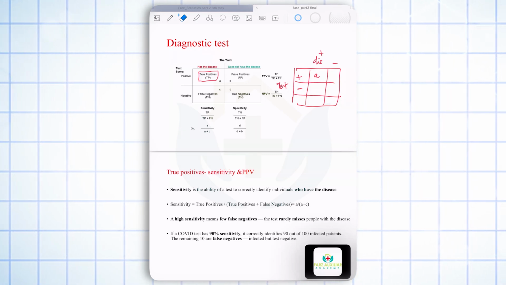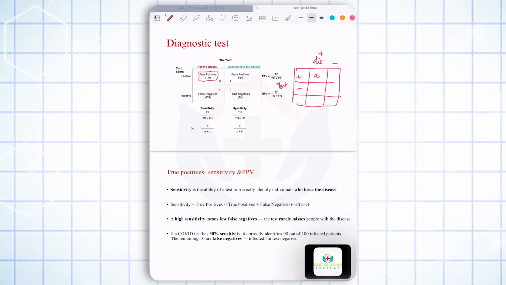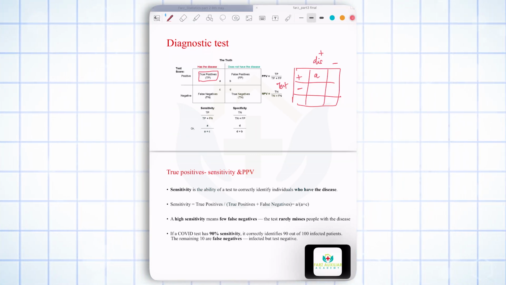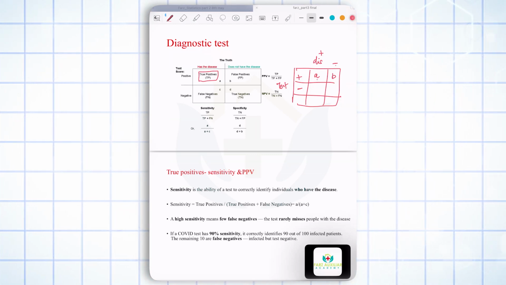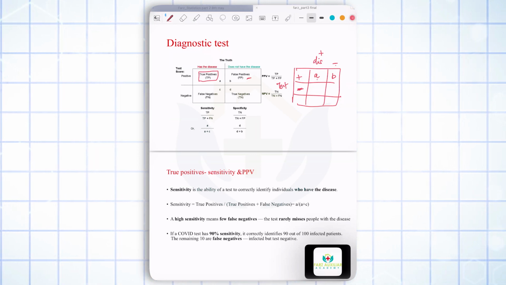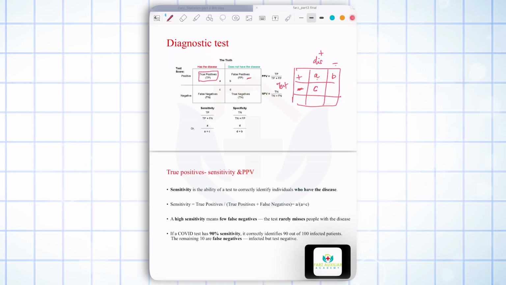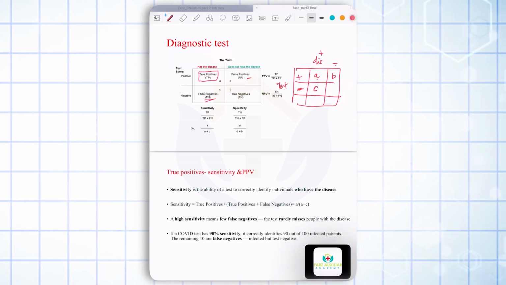So we'll just see how the table is constructed, then we will move on to the individual variables. Once the test and the disease are positive, it is A. When the disease is negative and the test is positive, that is B, the false positives. When the test is negative but the disease is present, it is C, that is false negative, where the test is not able to diagnose it. What is D? It is true negative.